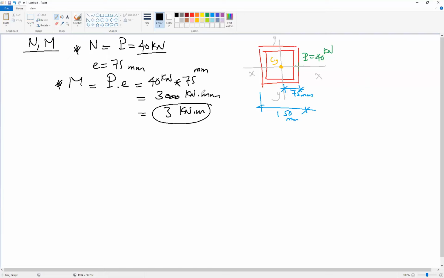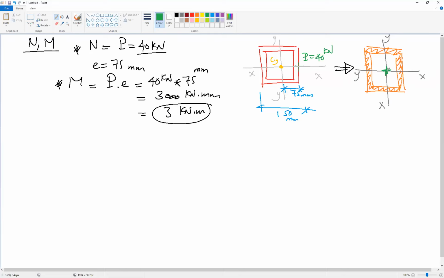Okay, so this will be equivalent to the cross section, and we have now transferred or moved the load to this point.